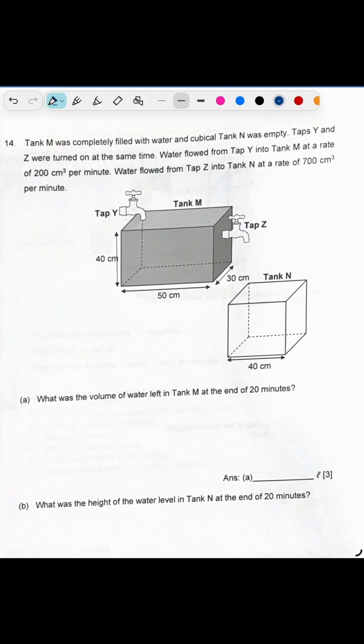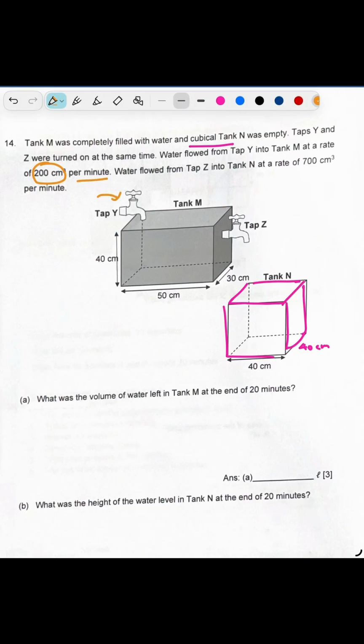Question 14. Tank M was completely filled with water and a cubicle tank N was empty. Cubicle means 4 sides the same. Write down first. Taps Y and Z were turned on at the same time. Water flows from tap Y into tank N at the rate of 200 cubic centimeter per minute.